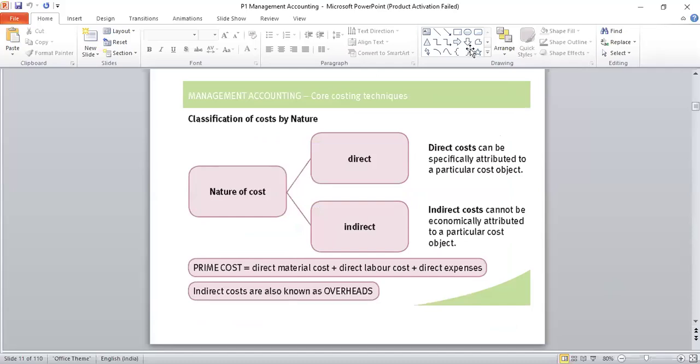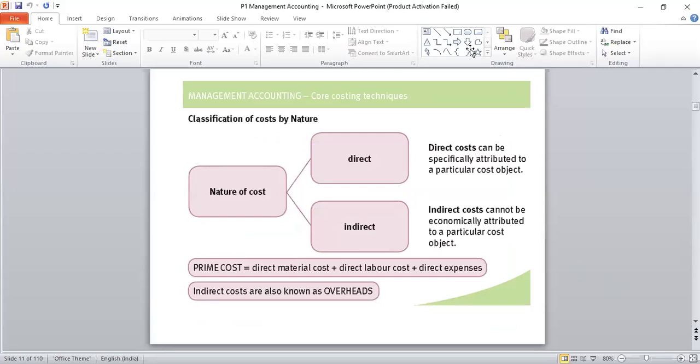What is the classification based on the nature of cost? There are two types of costs based on the nature of cost. One is a direct cost, another one is an indirect cost. What is a direct cost? Direct cost is a cost which is identified with the cost object. What is a cost object? Any entity to which cost can be assigned.